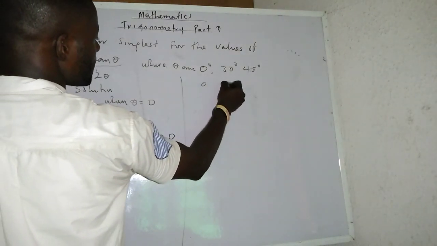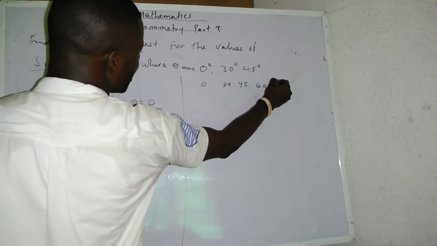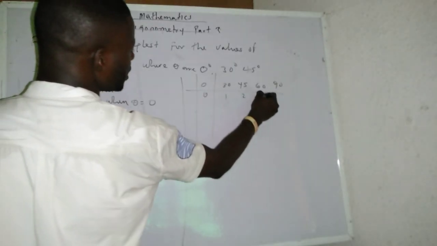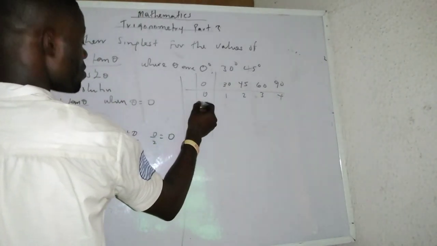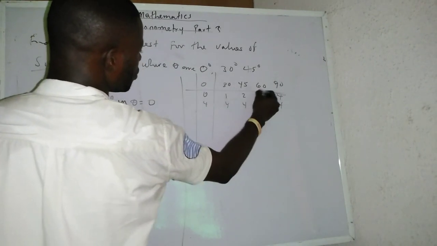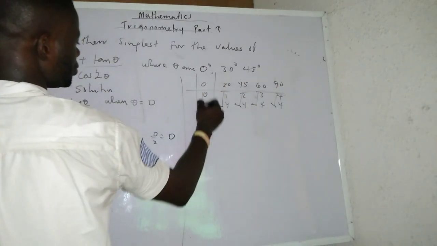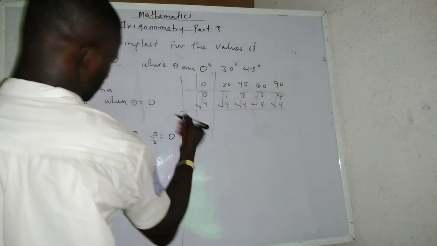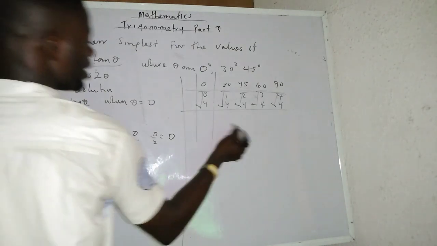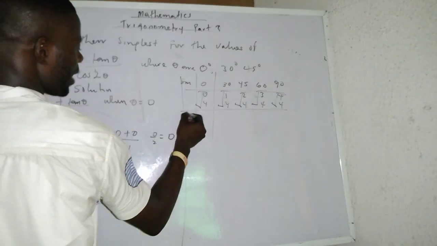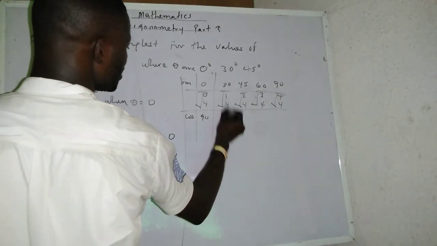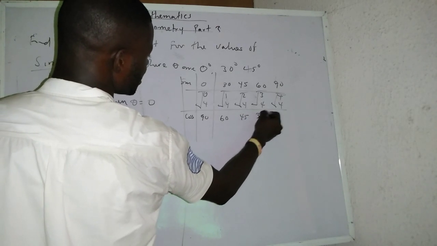Now, I think you have to use this: 0, 30, 45, 60, and 90. It's very important, your special angles. I have 0, 1, 2, 3, 4, then root, root, root, root, root. That is for sine and cos. For tan also, I can do the same thing. Sine will be working like this, while cos will be working like this: 90, 60, 45, 30, and 0.